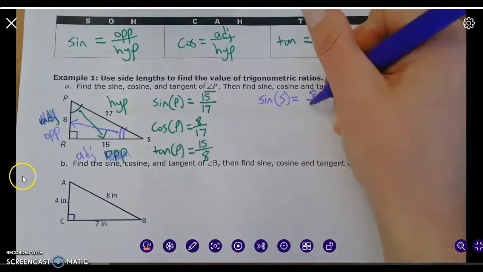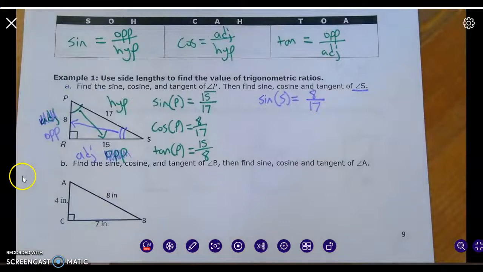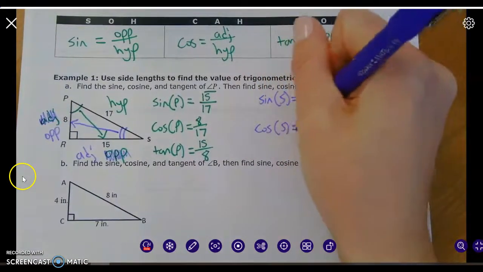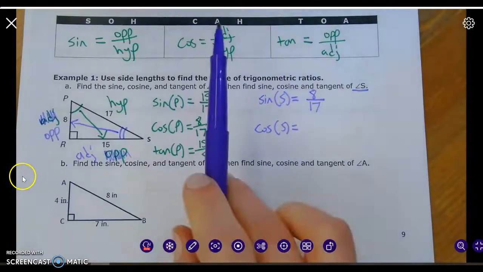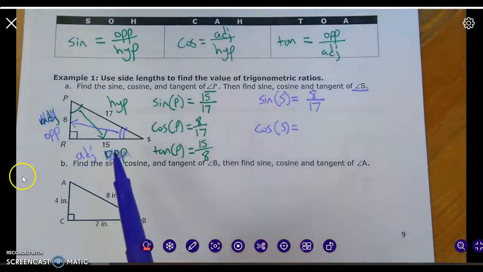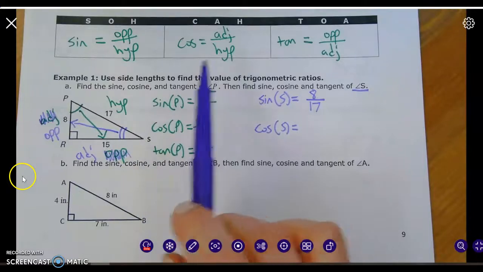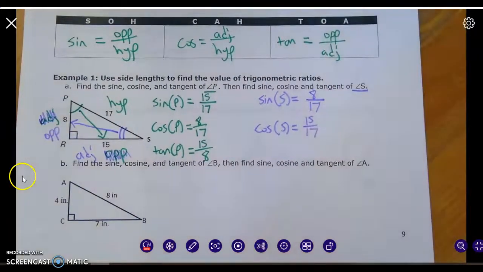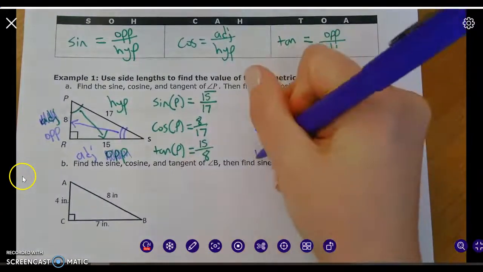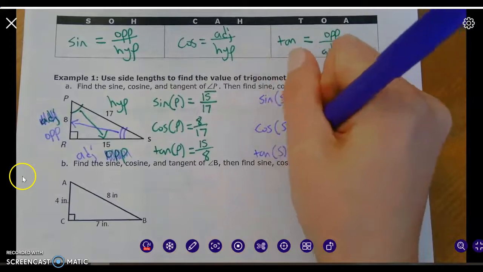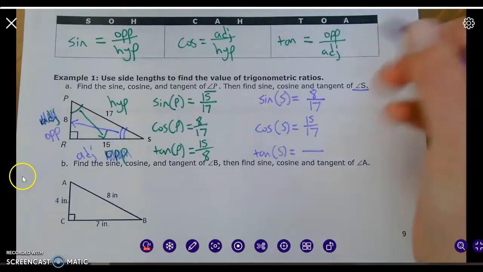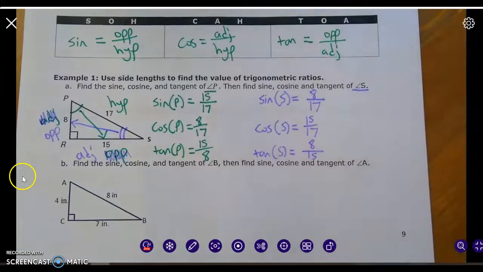So 8 over 17. Cosine of S. Cosine, adjacent goes on top, which is our 15, and hypotenuse goes on the bottom, which is our 17. So 15 over 17. And then lastly, tangent of S, opposite over adjacent. So 8 over 15.